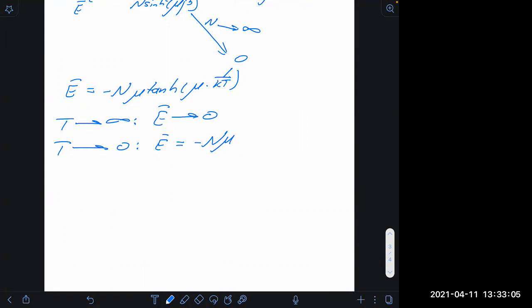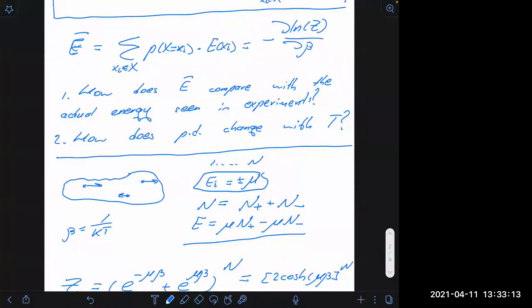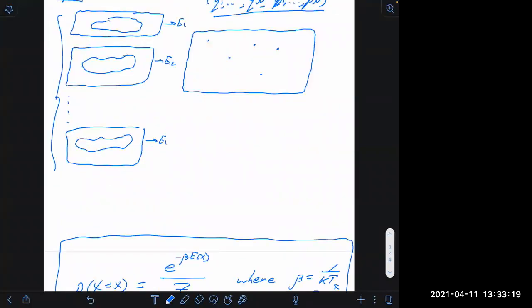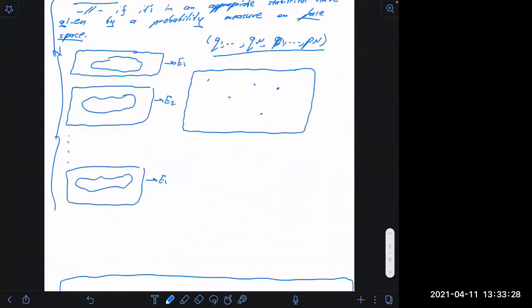The entire system gets stuck and collapses into a single state. Okay, so we answered these two questions by looking at a particular example. Hopefully we got a general idea what a canonical ensemble is, which is just a mental model we have over this thermal system.